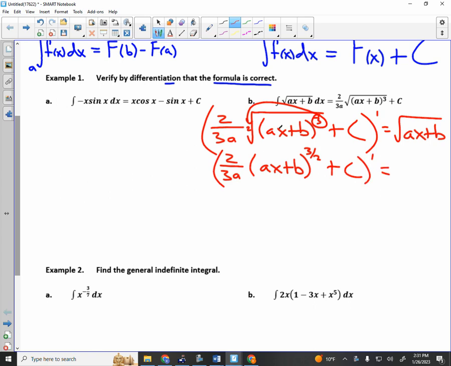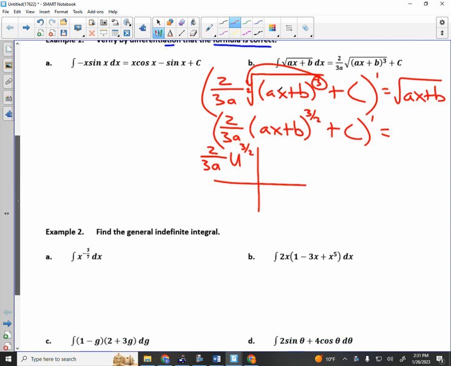So I'm going to use the chain rule here. And on the outside, I'm going to put 2 over 3a times u to the 3 halves. And on the inside, I will put ax plus b.